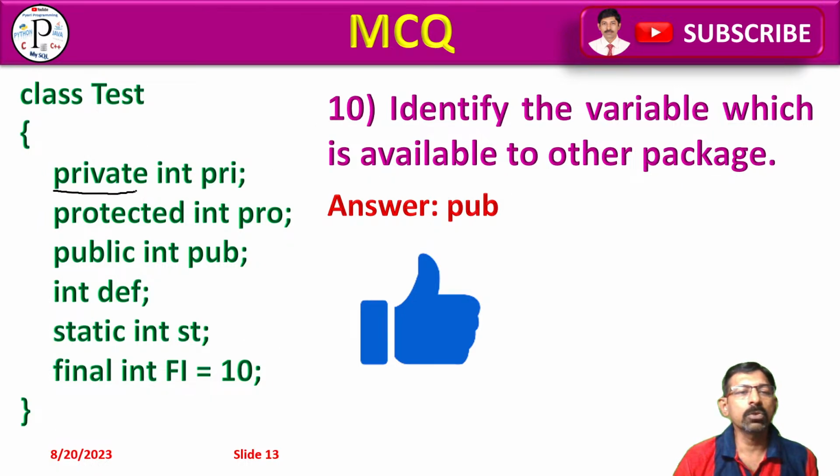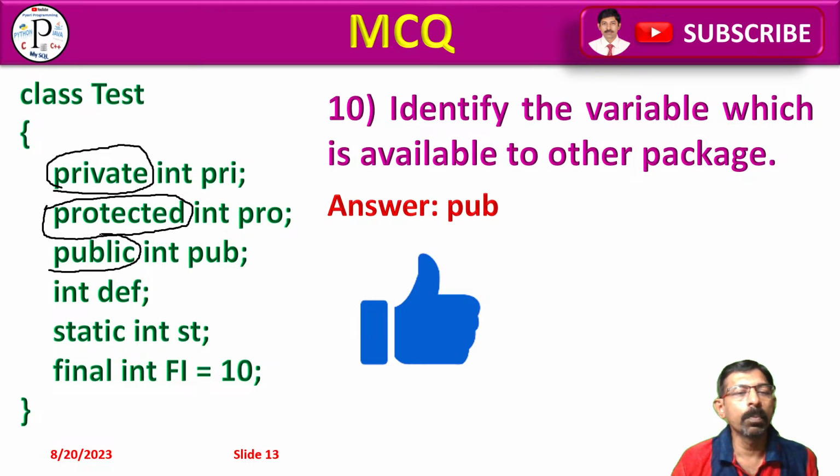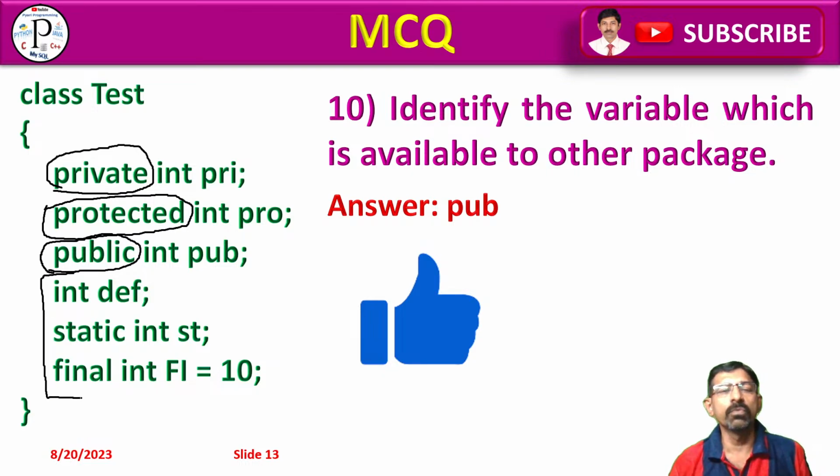Private is having class scope, within the class in which it is declared. Protected is having base and derived scope. It is available to base class and derived class. Public is having program scope. That means it is available to all. Then these are your default. Default is available within the package in which it is declared, not to all.